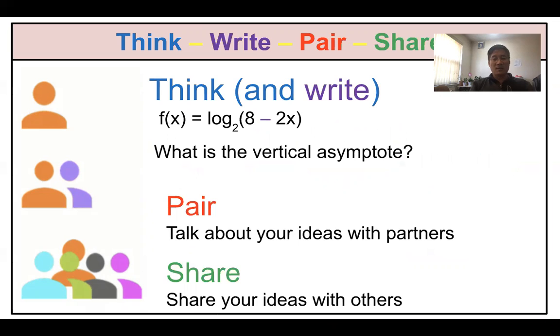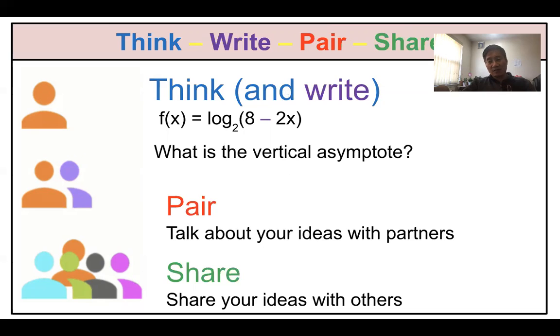Can you think about it? So we set 8 minus 2x equal to 0, right? And solve for x. Before, when the parentheses had only x alone, it was x equal to 0, the vertical line, the y-axis, that was the vertical asymptote.